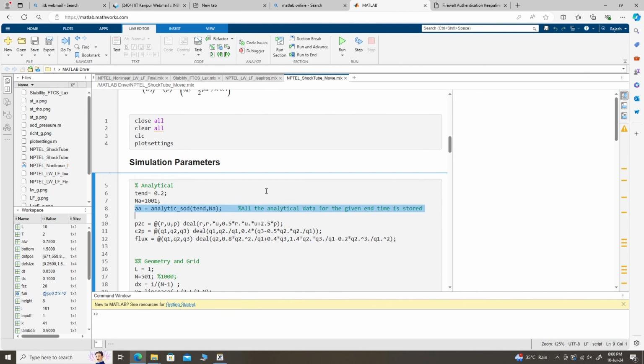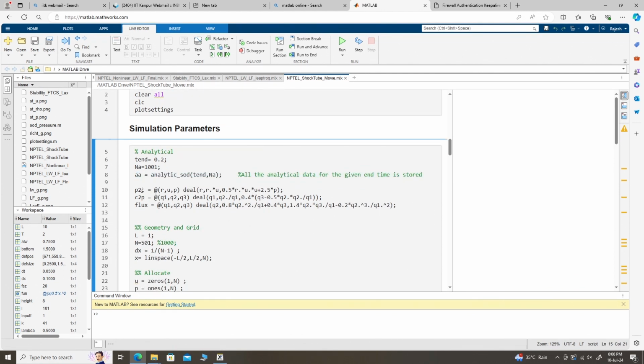You can get it from anywhere, that is not very difficult. You have to calculate the shock speed and find out the position of the shock. And these are the functions that I have written. I have used a function called deal in MATLAB, which can give you multiple outputs in an anonymous function definition.